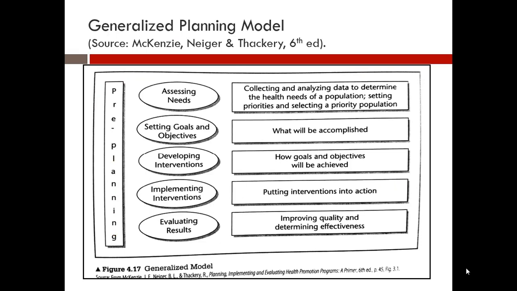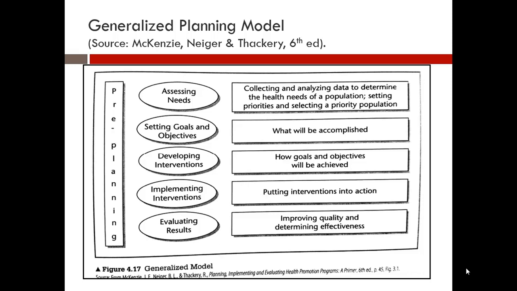Here is a generalized planning model. So we talked about different types of models. And I already told you that all of these models pretty much are following the same types of patterns. They're labeled differently. They're diagrammed differently. So you can see everything looks very different. But the meat and the bare bones of it is pretty much the same.